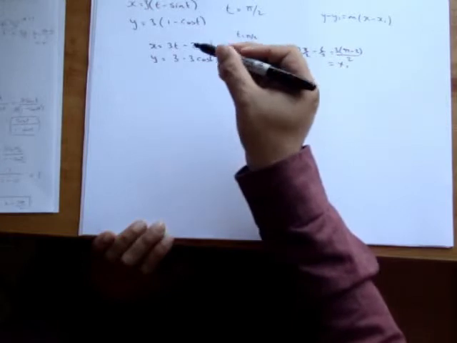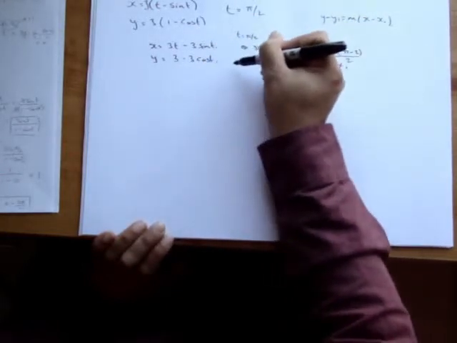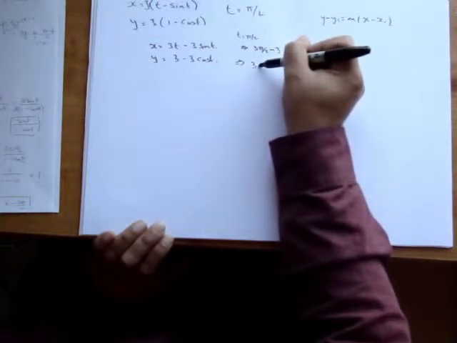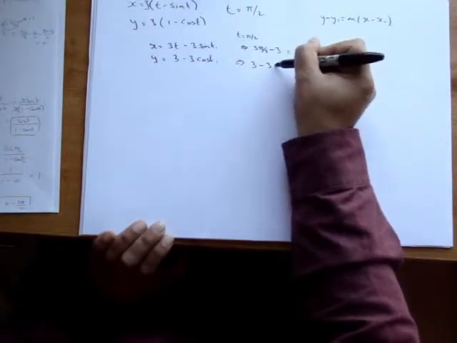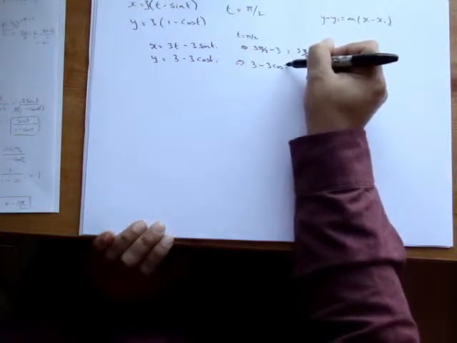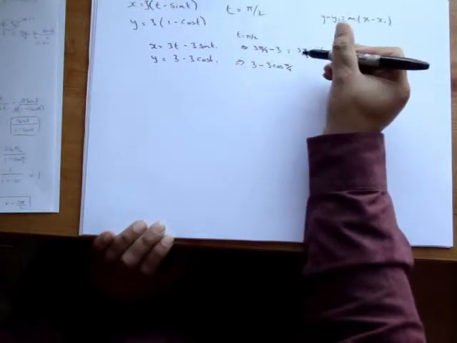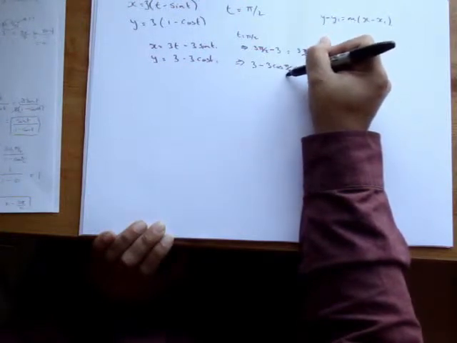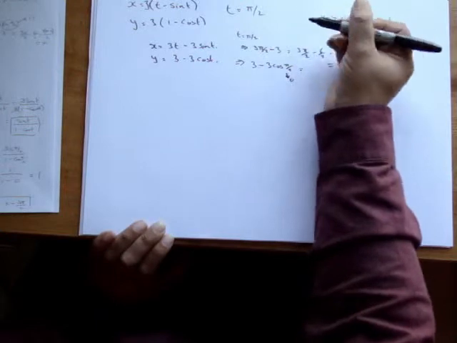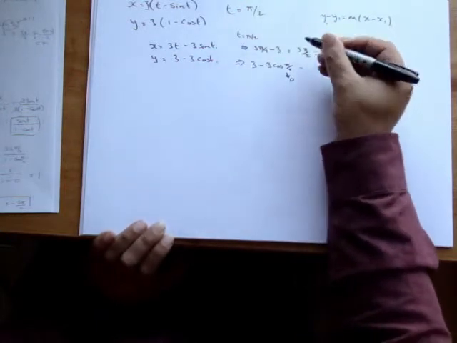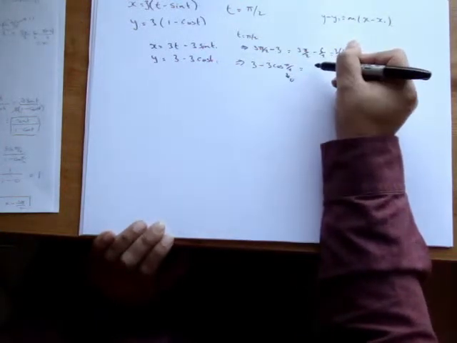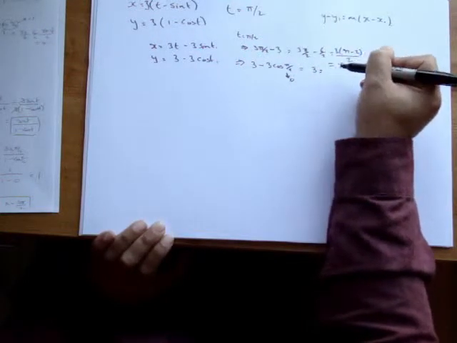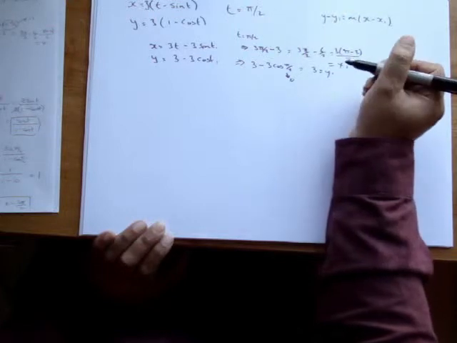For y we do the same, so y becomes 3 minus 3 cos pi over 2. Cos pi over 2 is 0, like sine pi over 2 was 1, so this whole term becomes 0, and we're left with 3, which is y1.